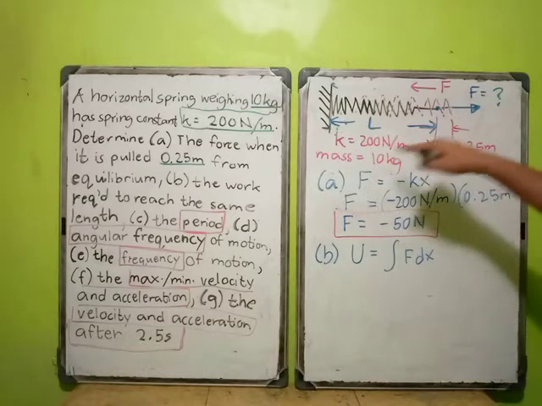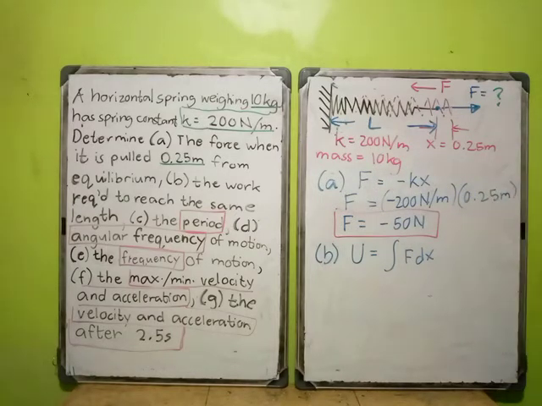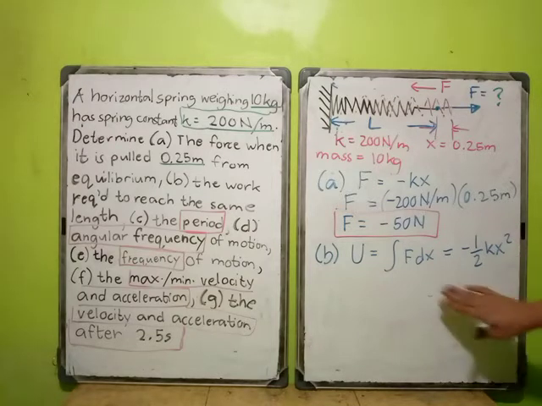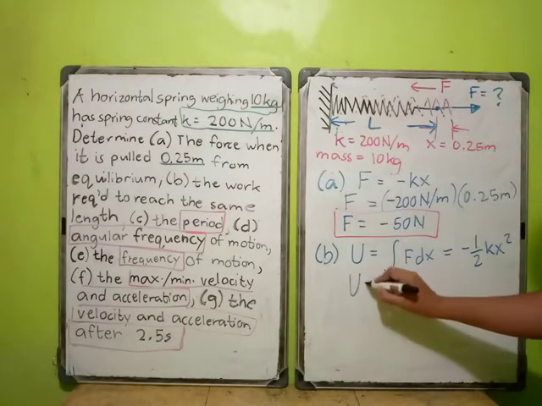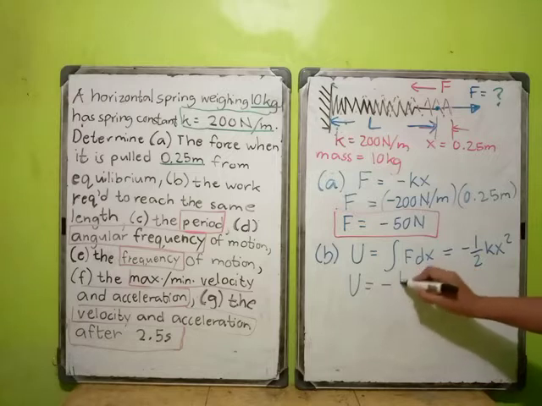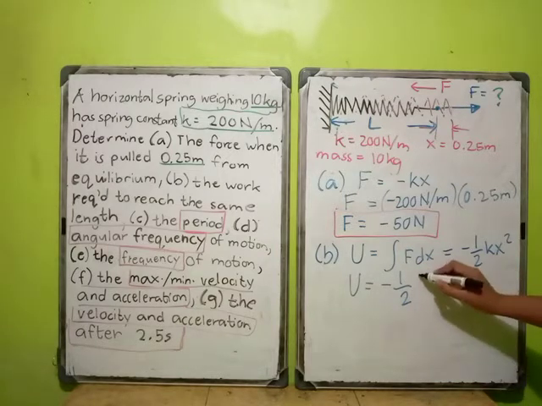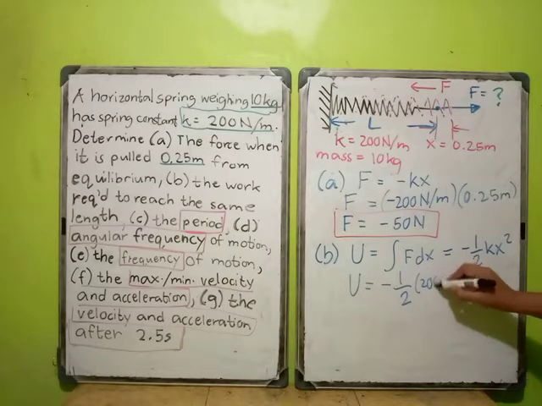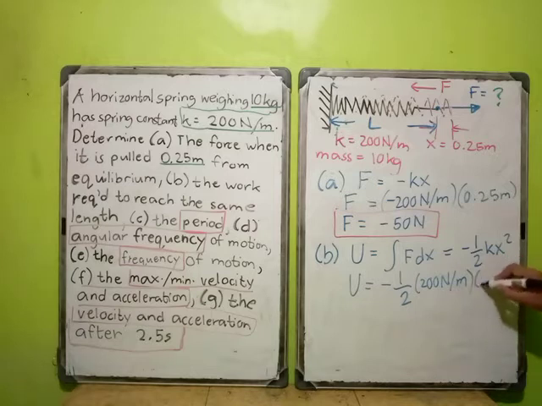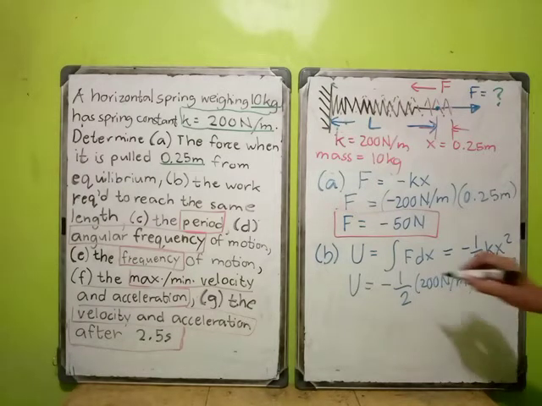But somehow, for this particular problem, pwede mo nang gamitin kaagad itong formula na to. So, negative 1/2 kx squared. Okay? So, therefore, negative 1/2 times k, 200 Newton per meter, multiplied by 0.25 meter squared.